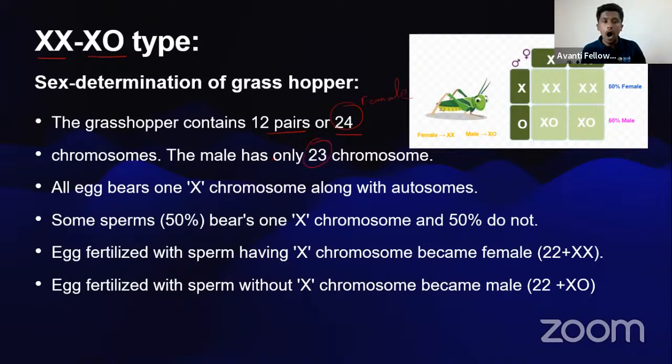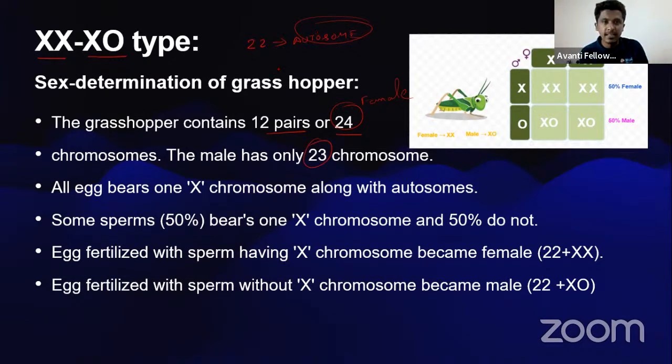Why is that? Out of 24 chromosomes, 22 chromosomes are called autosomes. So what are autosomes? Autosomes are something that code for your somatic characteristics or vegetative characteristics. For example, your liver, your heart, your kidney, your intestines, your skin, etcetera. These are called autosomes, which code for somatic or vegetative characteristics.